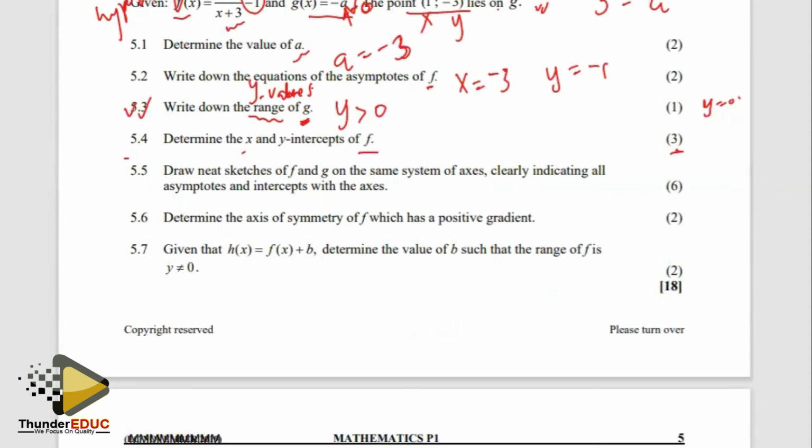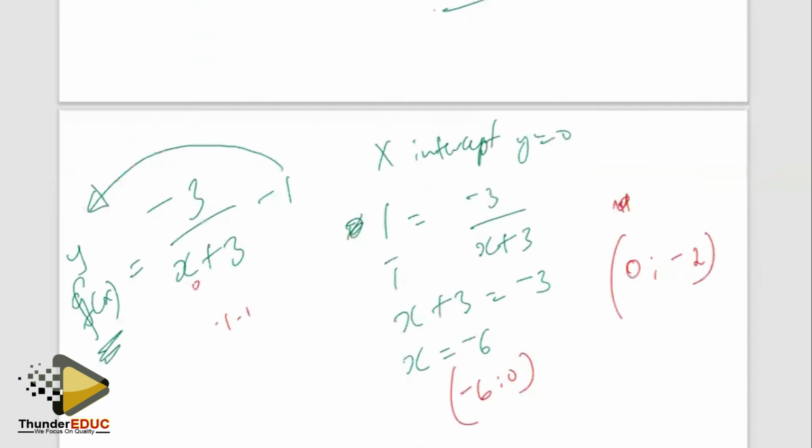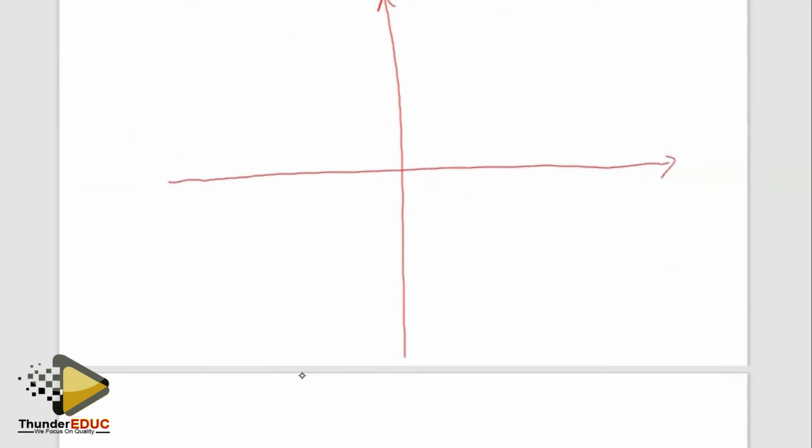And then a neat sketch of f and g. Wow, sweet, 6 marks. We must indicate the asymptotes and the intercepts. What I usually advise people is that you don't need to be perfect to get all the marks for sketching a graph, because there are certain aspects that we look at. We don't look at your coordinates and everything.